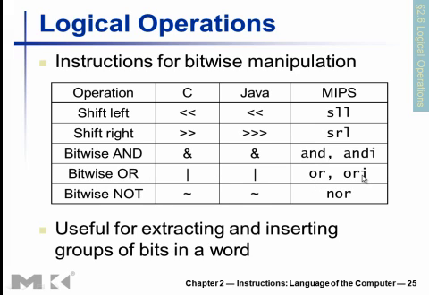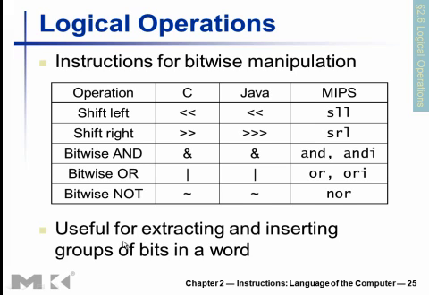Then bitwise OR or ORI, where ORI is the immediate version of OR, and the bitwise NOR, which stands for the NOT instruction, flipping all the bits in an operand.